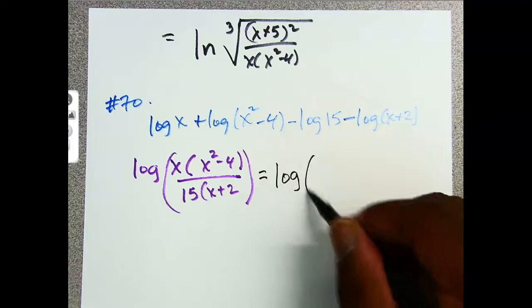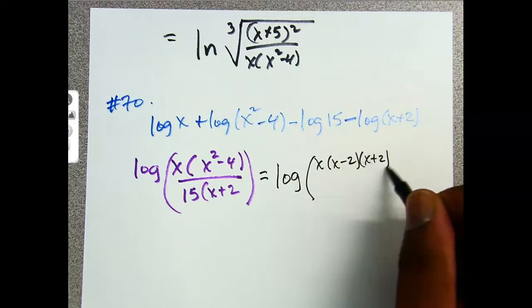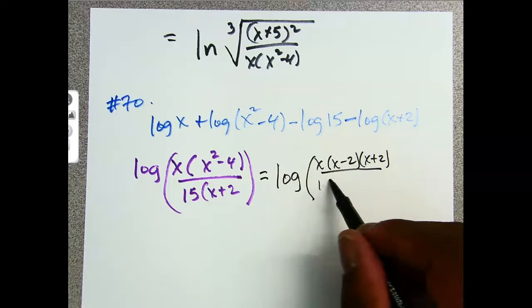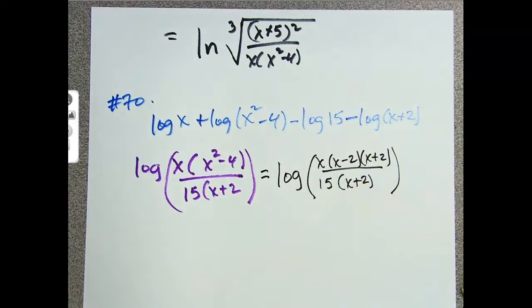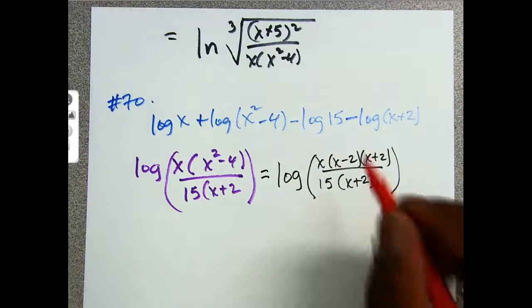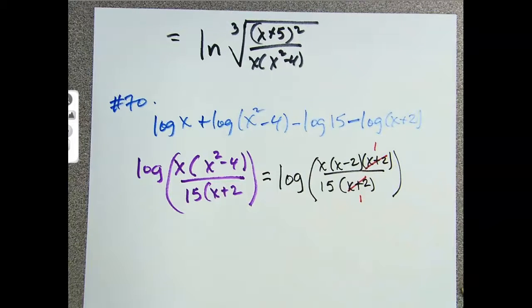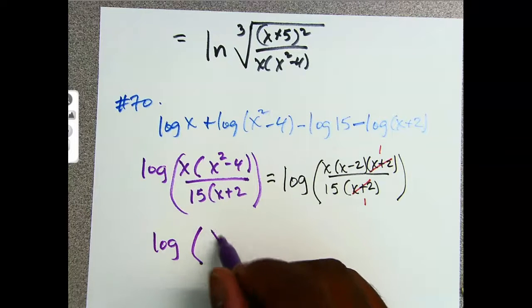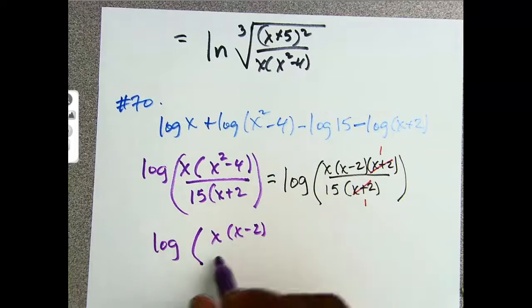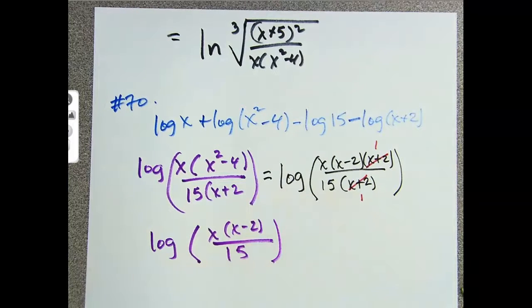So log of x times x minus 2, x plus 2, all over 15 times x plus 2. And then we're able to reduce because x plus 2 divided by x plus 2 is 1. So your final answer would be log of x times x minus 2 over 15. That would be our final answer.